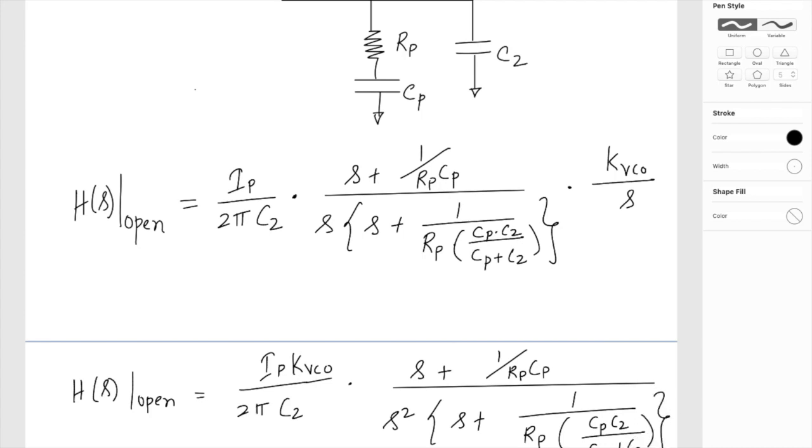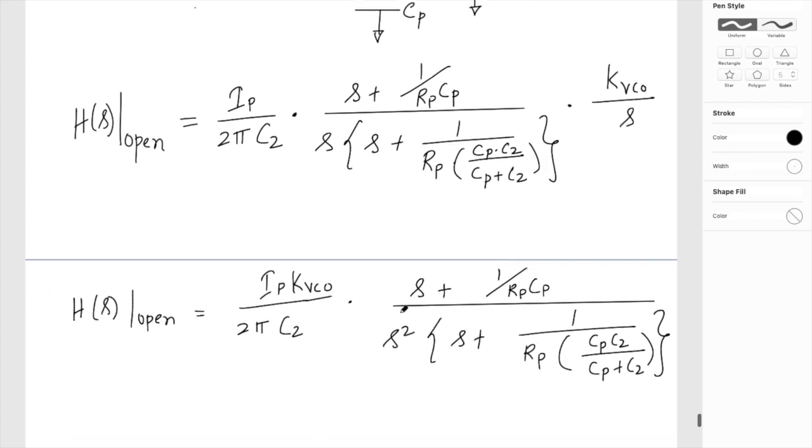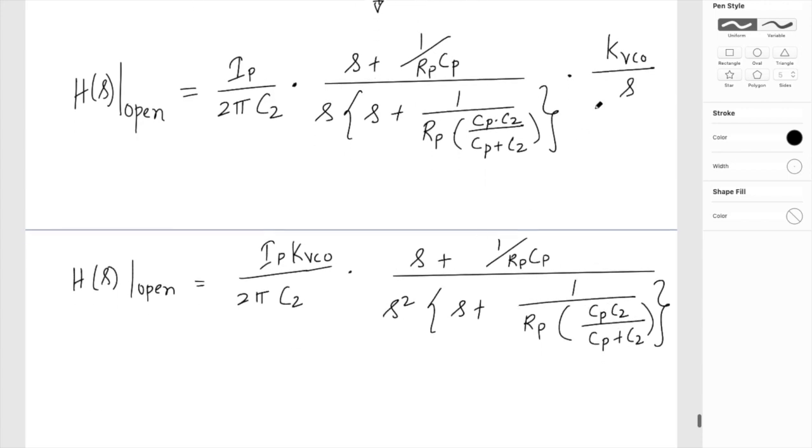If you see here, we have 2 poles at the origin and 1 pole at this location, and we have a zero. If you just write down the location of the poles and zeros, it will be something like this.